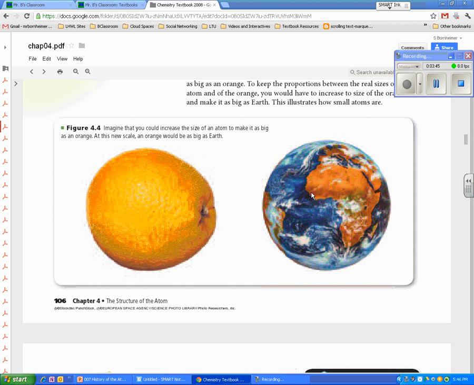Think about it. If an atom were as big as your standard orange, not clementines, not grapefruits, standard orange, then an orange would be as big as the Earth. That's the size comparison for atoms.